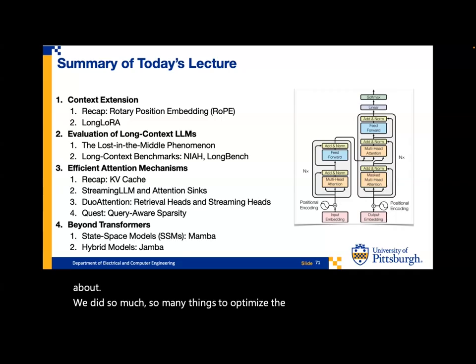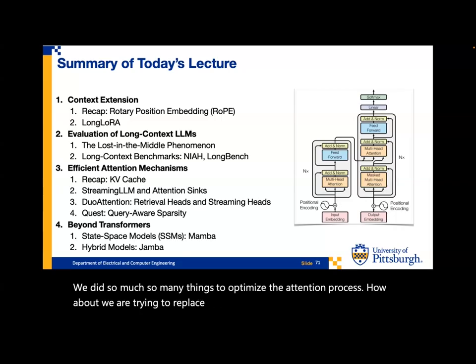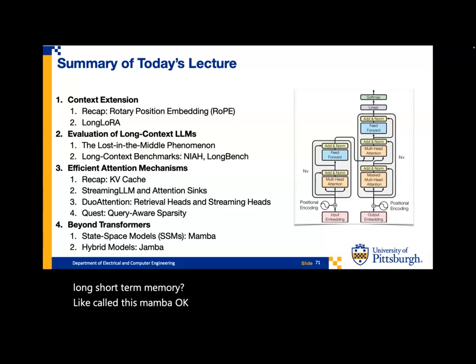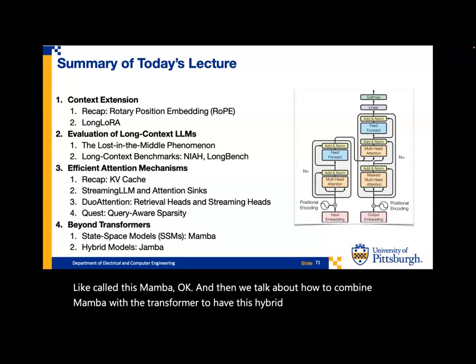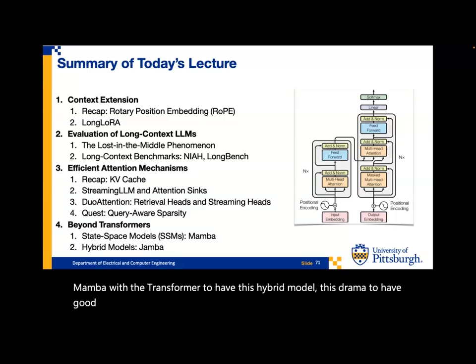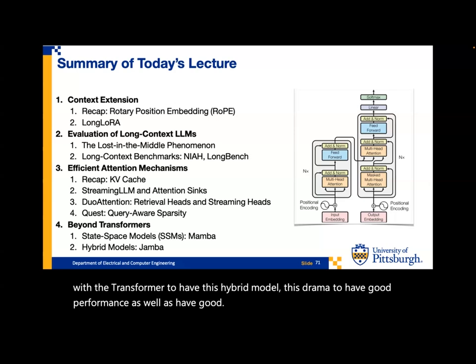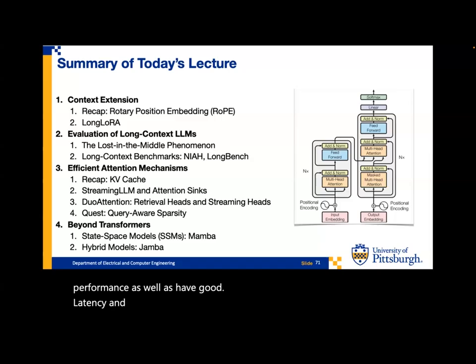How about we try to replace the attention with something else, with a long short-term memory like Mamba? Then we talked about how to combine Mamba with the transformer to have this hybrid model, Jamba, to have good performance as well as good latency and accuracy. Okay, again, this is all for this super long context window.